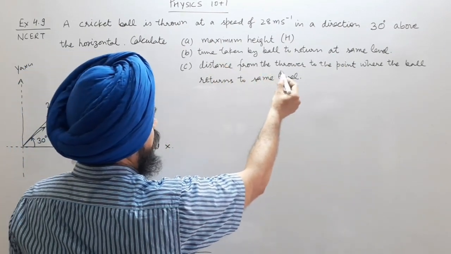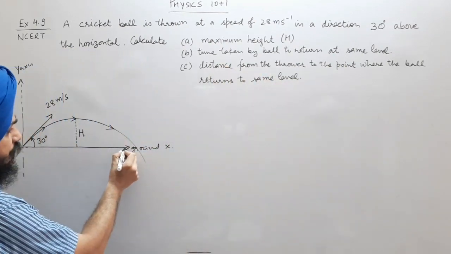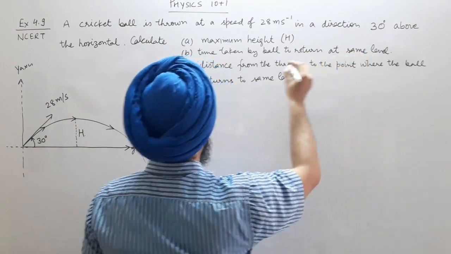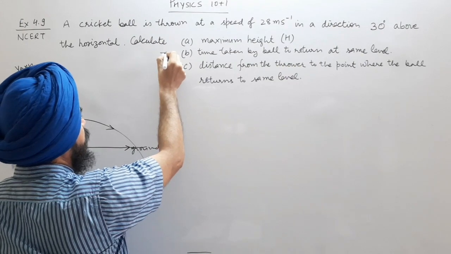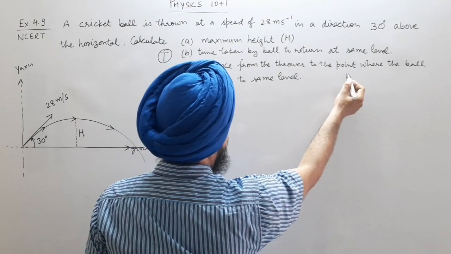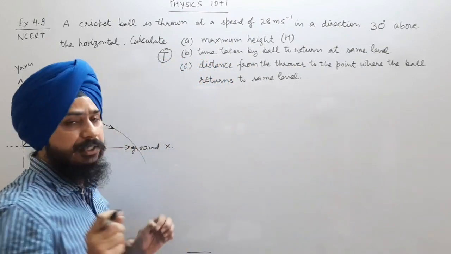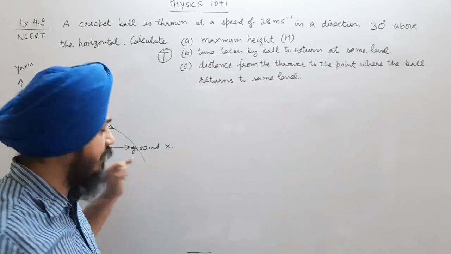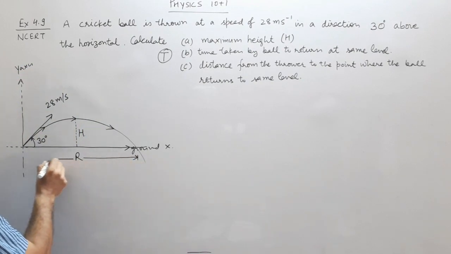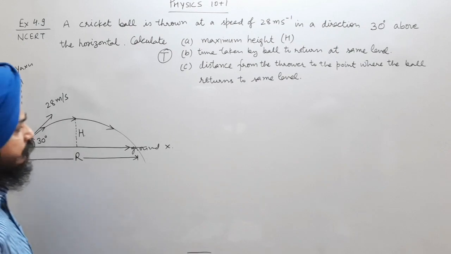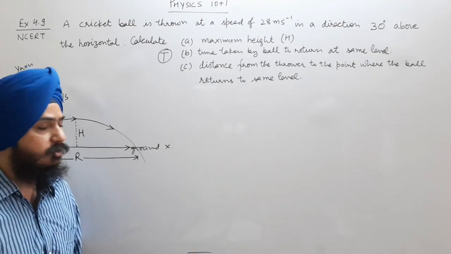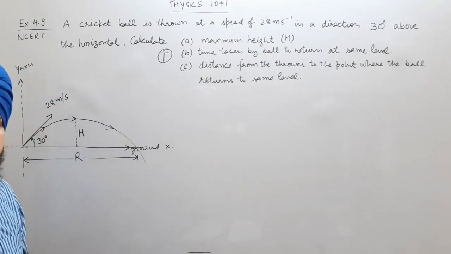Second, the time taken by the ball to return to the same level, so time of flight, capital T. And the third one is the distance from the thrower to the point where the ball returns to the same level, so we are calculating the range of the projectile. It's a simple one. We have all the three formulas.